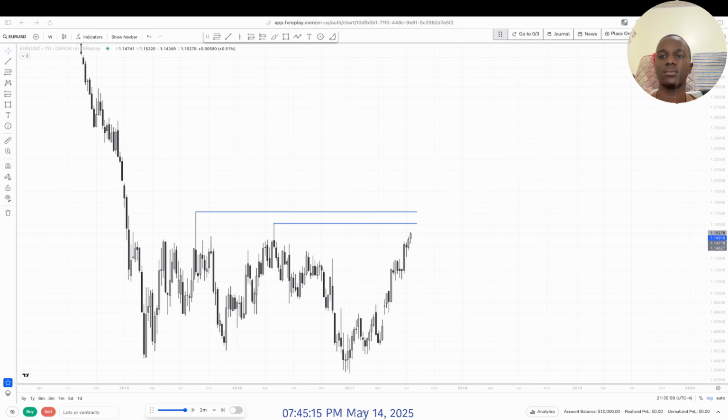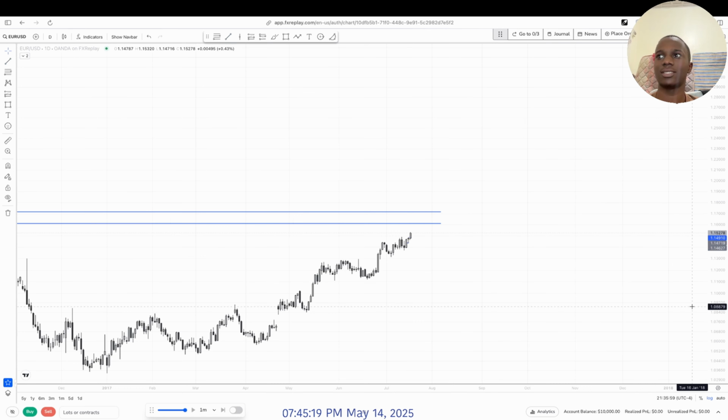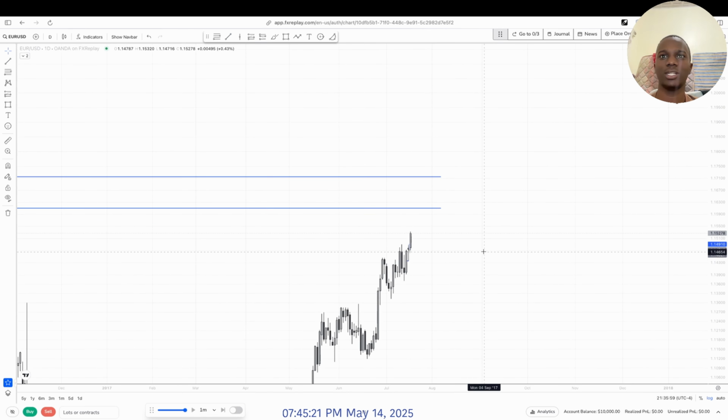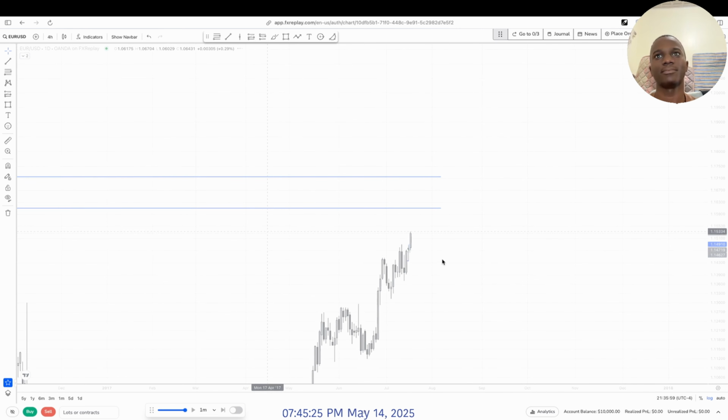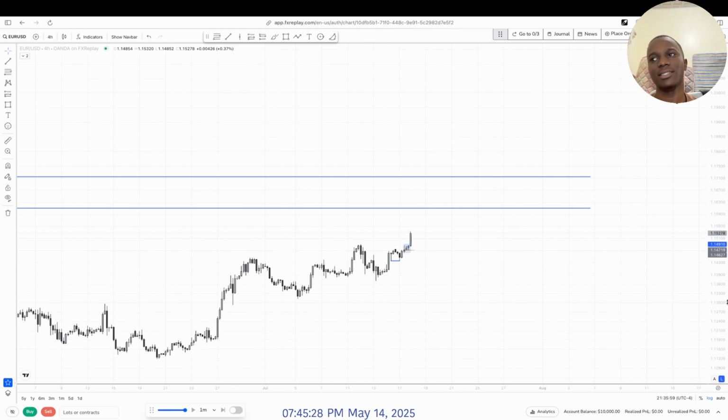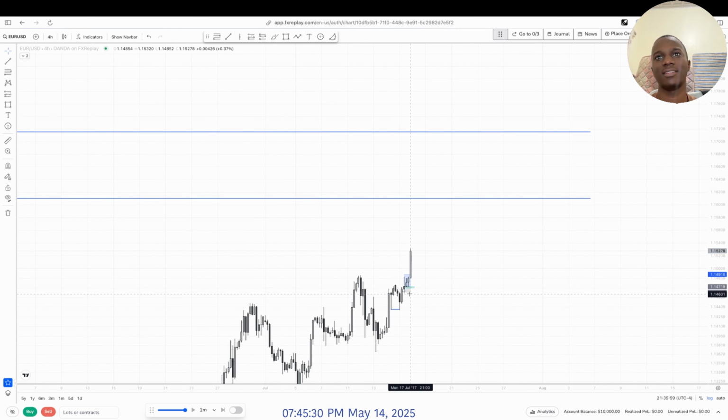Okay, so we can go back now to the daily time frames. You can see that if we continue to push higher, this might be the next levels. And we go now to the 4 hour. It's currently Monday at night, 21:00.